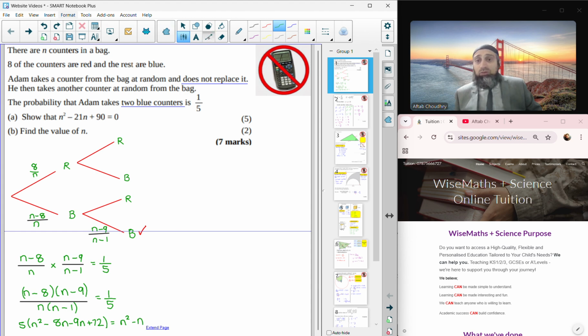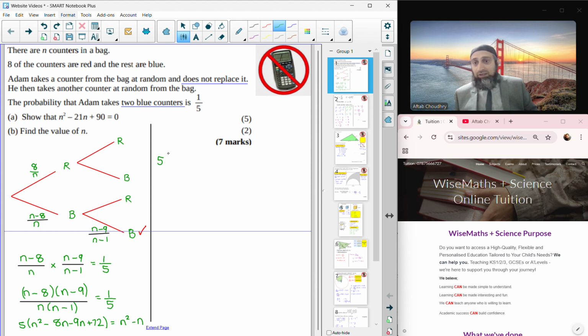Now let's draw a little margin over here and carry on. What happens is that you're going to end up getting 5n squared. In fact, let's tidy up what's inside the bracket first.